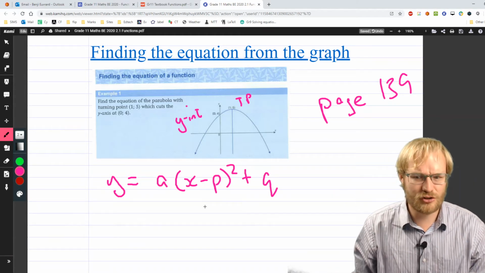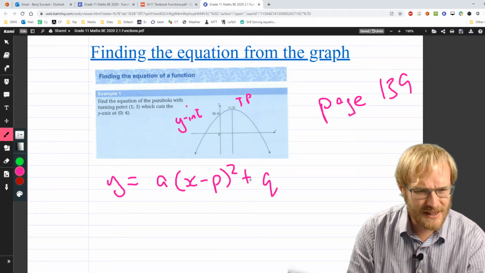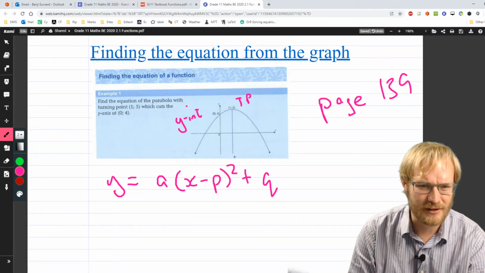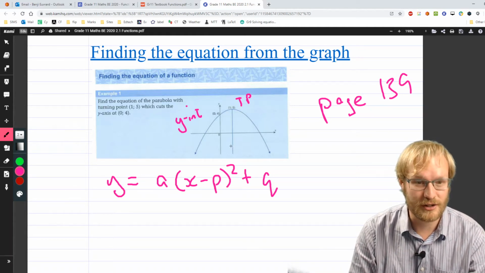And we saw, remember when we drew those parabolas to start with, that it seemed like there was a link with p and q in the turning point, and then it turned out there was a beautiful link that p is indeed the x-coordinate of our turning point, and q is the y-coordinate of our turning point.